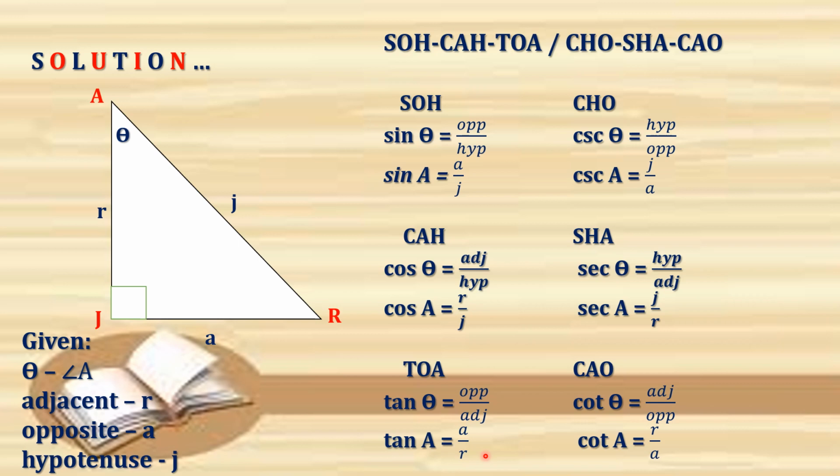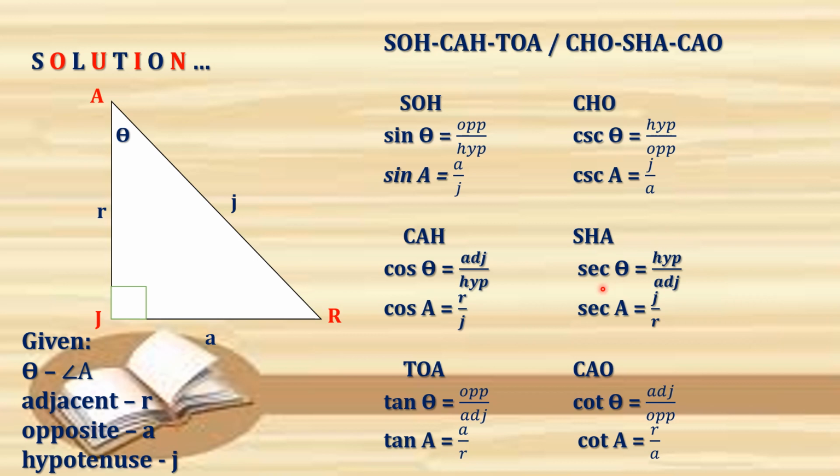Let us now have our reciprocal ratios by using the Cho-Sha-Cow. Cho, cosecant theta, is equal to the hypotenuse over opposite. Cosecant A is equal to J over A because the hypotenuse is J and the opposite is A. Next is Sha.